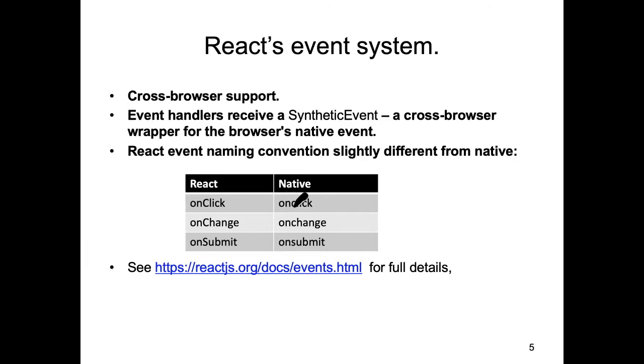That would be relevant if you had done any basic browser-based event-driven programming prior to coming across React, which more than likely you haven't. So just bear in mind to use the camel case style for your event names. And you saw that in my counter component. I had onClick with a capital C rather than onclick with a lowercase c. This is the native event, but this is the React event name.